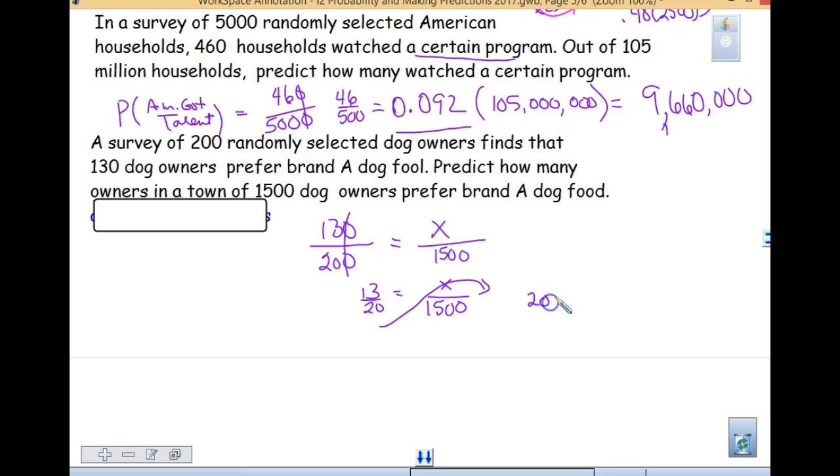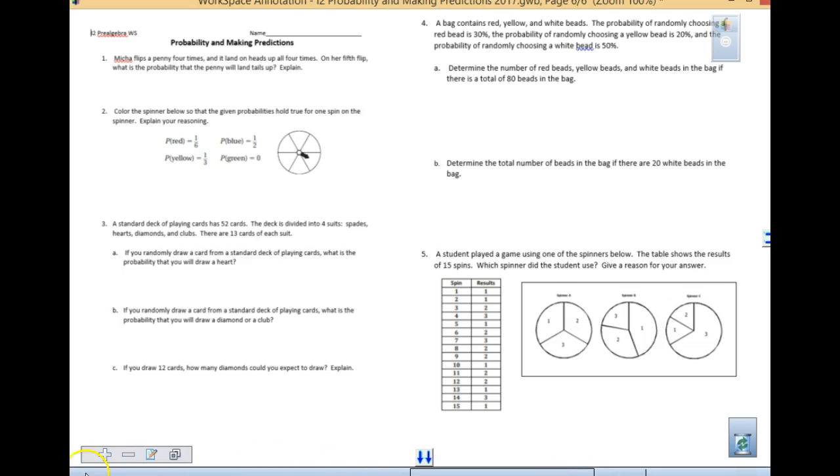So you had 20x equals 13 times 1,500. You could do it that way. You could have found this to be a decimal. 13 divided by 20 comes out to be point how much? 0.65. And you could take that times 1,500. And all of these ways would give you that answer. So, you are working on these next couple lessons.